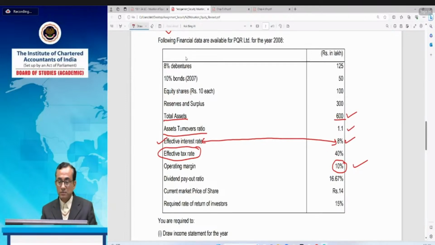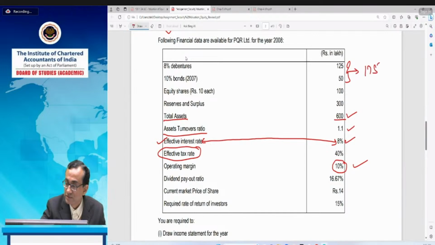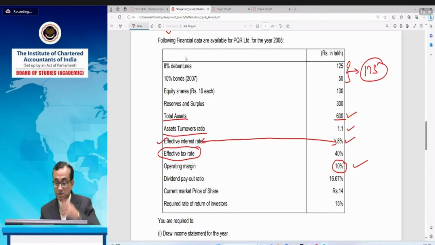So we will calculate interest on this amount, that is debentures and bonds. The amount is 125 plus 50, 175. Total debt is 175. So interest will be calculated at the rate of 8% on this 175.